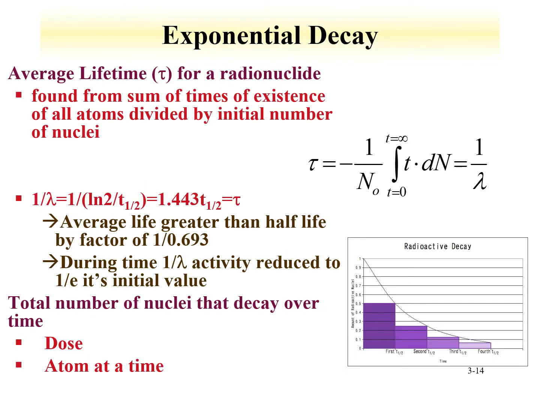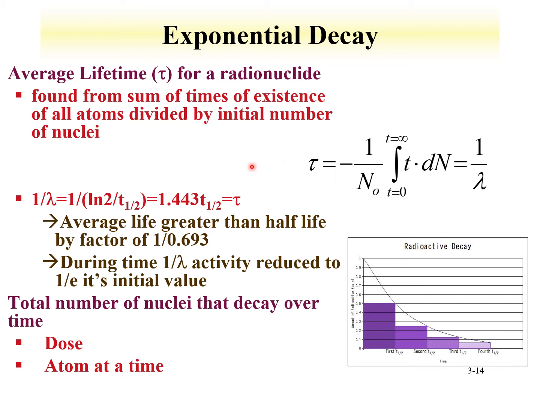So as opposed to discussing the half-life of a radionuclide, the amount of time it takes for half of that radionuclide to decay, I can also discuss an average lifetime of a radionuclide. It's the sum of times of the existence of all atoms divided by the initial number of nuclides.